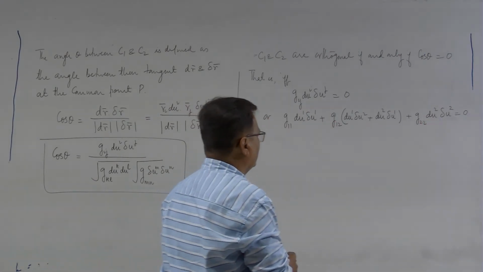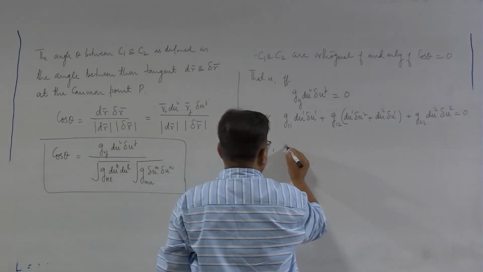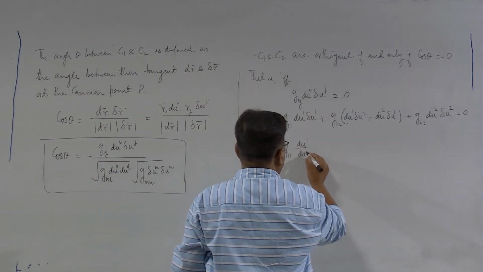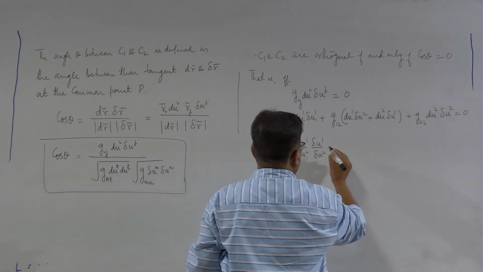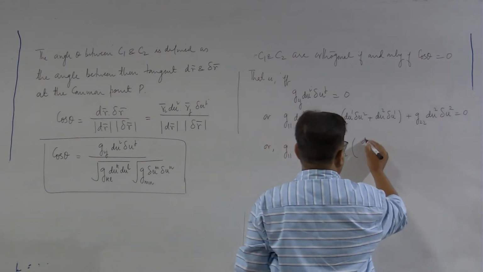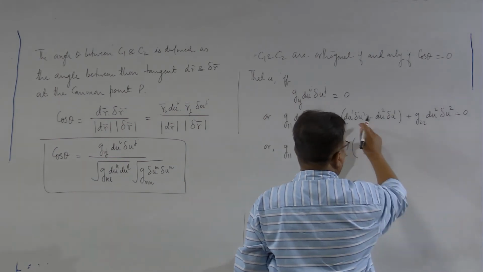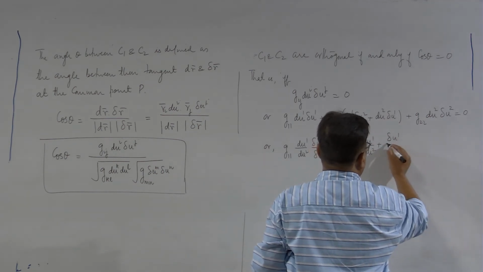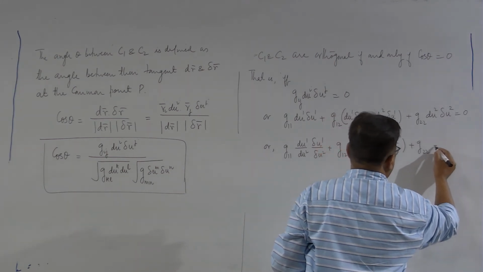Dividing this expression throughout by d u 2 and delta u 2, it becomes g 1 into d u 1 upon d u 2 delta u 1 upon delta u 2 plus g 2 into d u 1 over d u 2 plus, d u 2 cancels out, and here d u 2 is cancelled out, delta u 1 upon delta u 2 plus g 2 equal to 0.